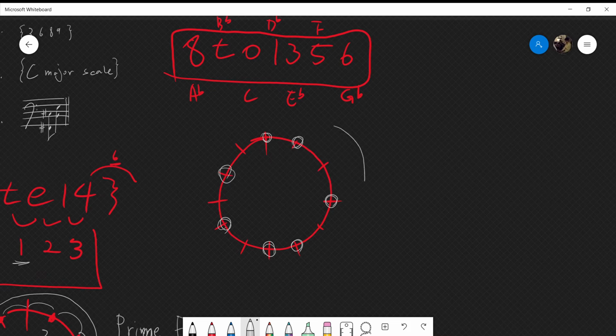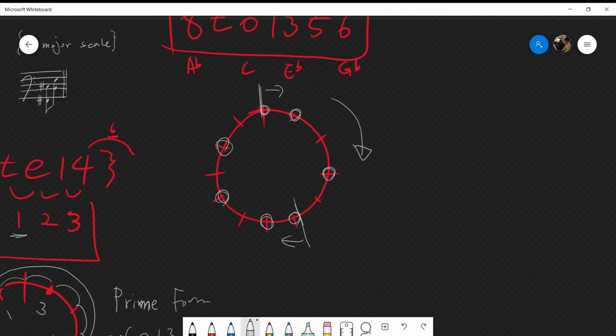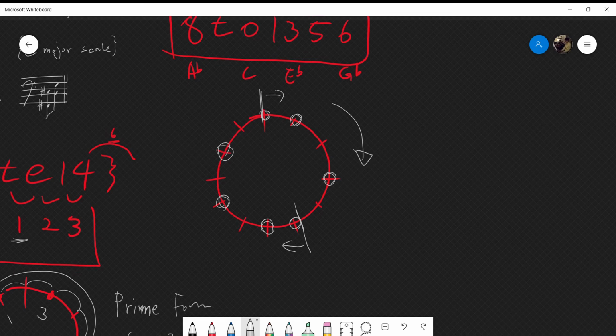And we need to always count in a clockwise manner. So we should either start from here and on, or we should start from here and on, right? Those are the two ways that will result in half step packed to the left side.